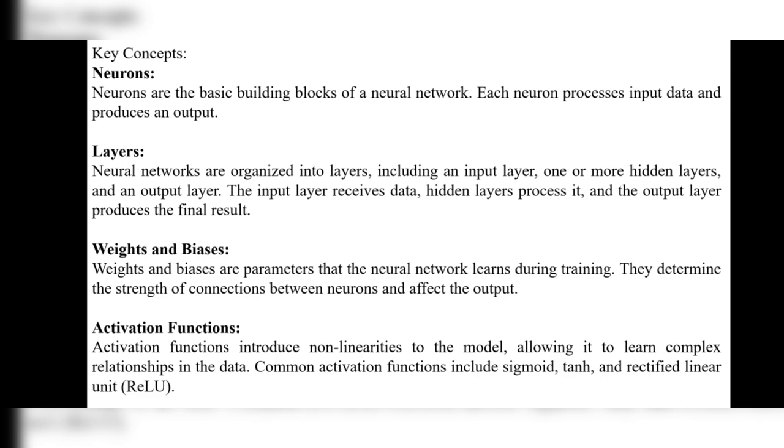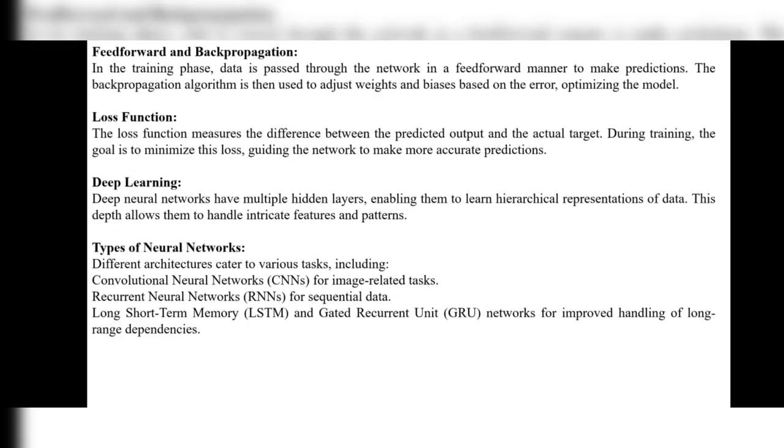Okay, let's see next. Feed forward and back propagation. What will happen in feed forward and back propagation means in the training phase data is passed through the network in a feed forward manner to make predictions. The back propagation algorithm is then used to adjust weights and biases based on the error, optimizing the model. That means in the training phase, data is passed through the network in a feed forward manner.